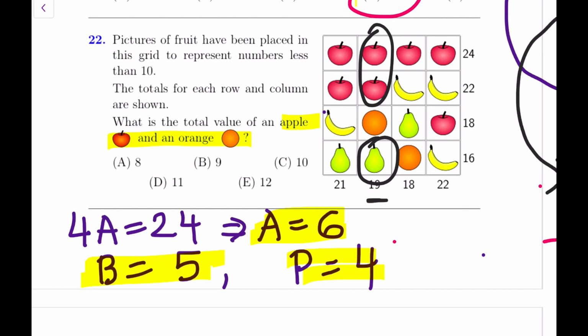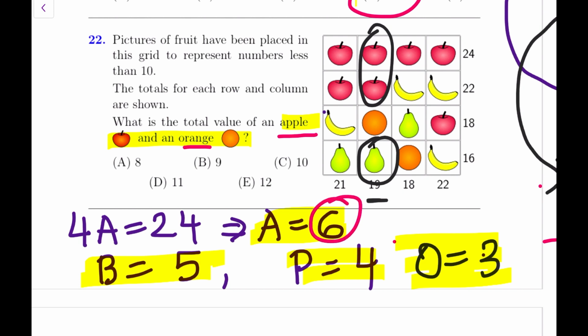So orange must be equal to 3. And we have worked out the value for all the fruits. Now let's read the question again. They were asking the value of an orange and an apple. So apple is 6, orange is 3, so together they make 9. So our answer is B. 9.